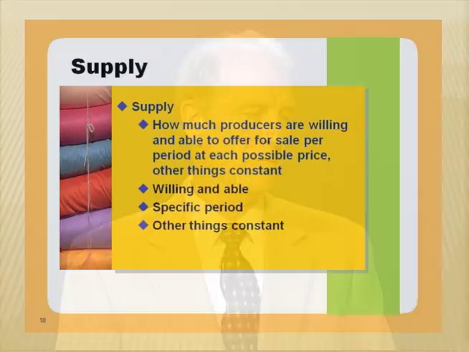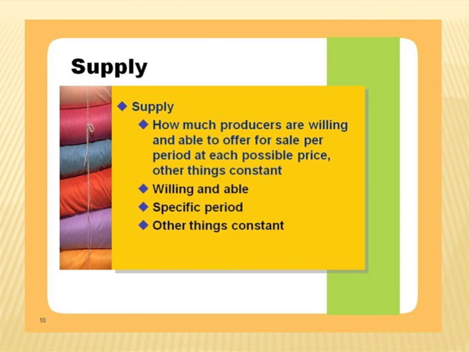So let's start off by talking about what is supply. Supply is how much producers are willing and able to offer for sale per period at each possible price, other things constant. Now, this definition should remind you a lot of the last one because there's much in common between the two.